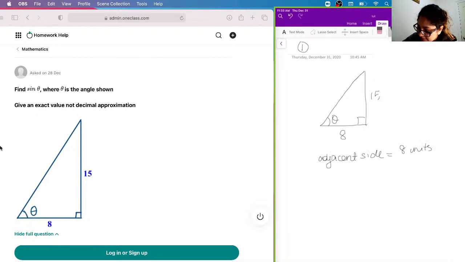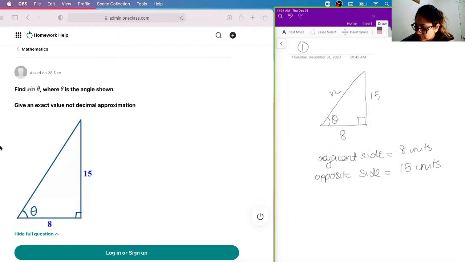Since it's not denoted with any specific unit, we're just gonna say that it's 8 units. And the opposite side of theta is 15 units. And so now what we need to find is this side right here.